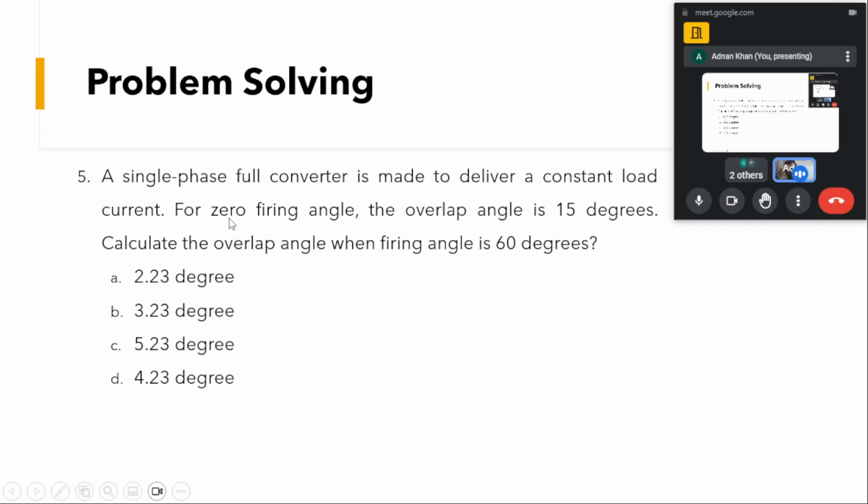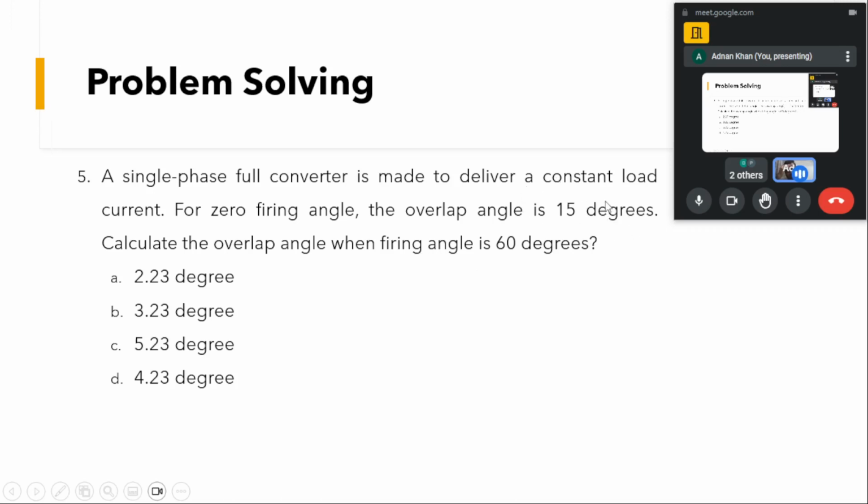For the zero firing angle, at the zero instant the switches are turned on, the overlap angle is around 15 degrees. When this overlap angle is given, that means in the circuit there is some source inductance which is causing this overlap. What we have to calculate is the overlap angle when the firing angle is 60 degrees.